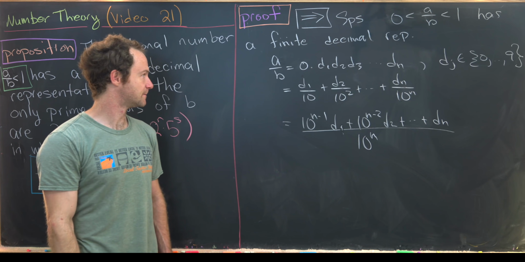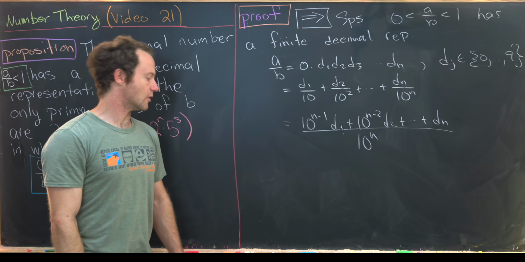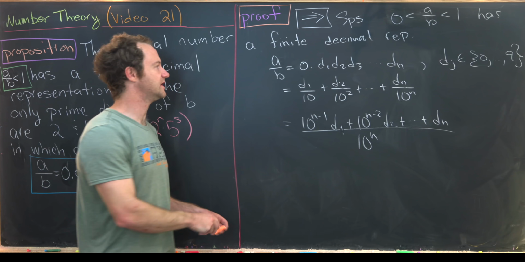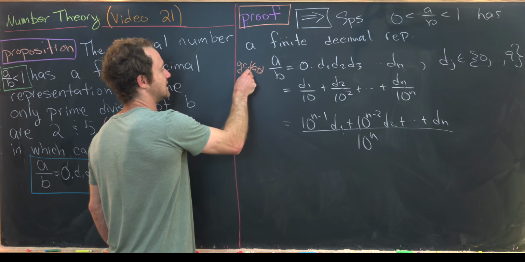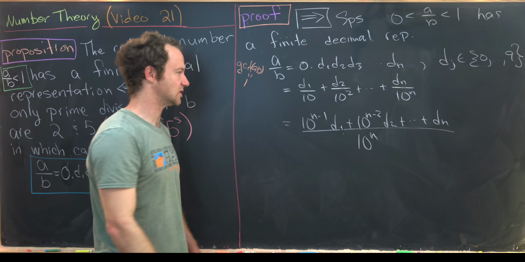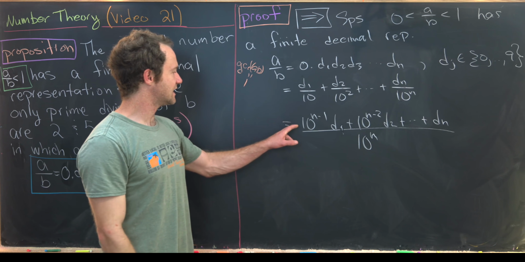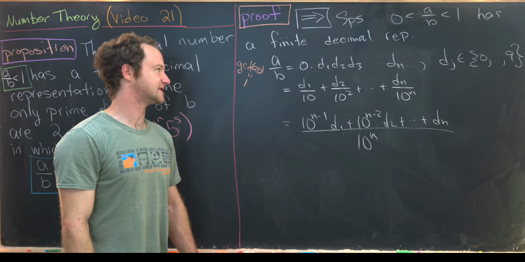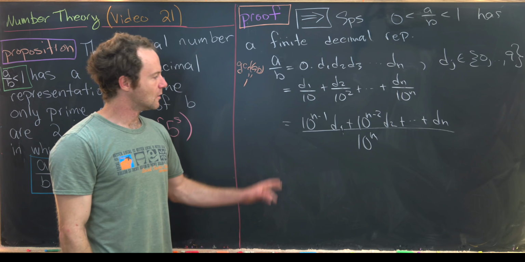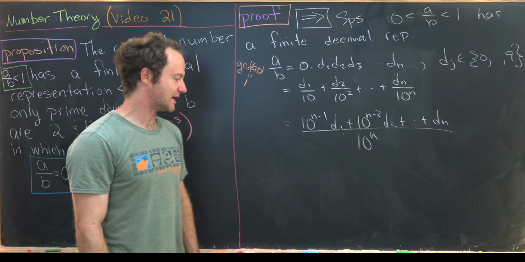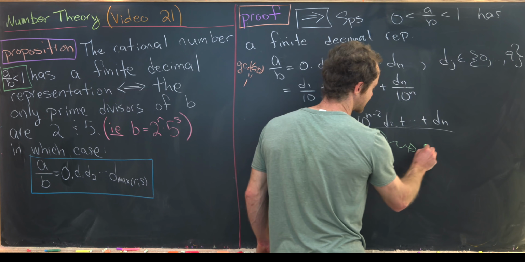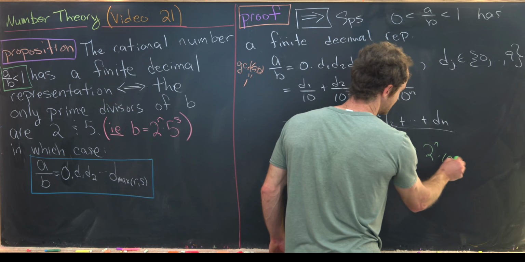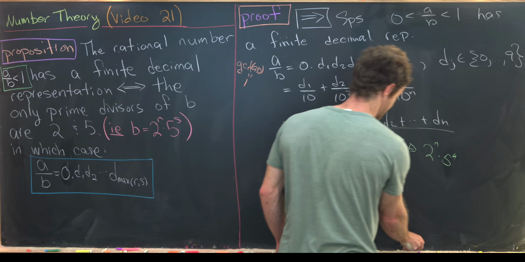Okay, nice. But now we started with a over b. I guess under the hood here is that the GCD of a and b is 1, so this is in lowest terms. And we ended with a new fraction which represents a over b. Well, notice this denominator of our new fraction only has prime factors of 2 and 5.